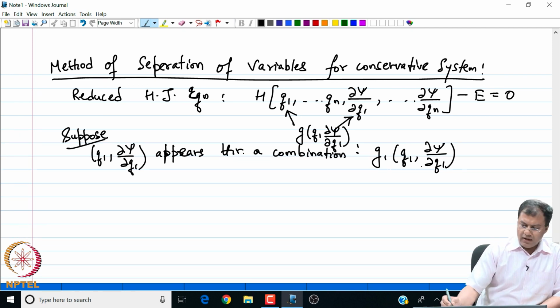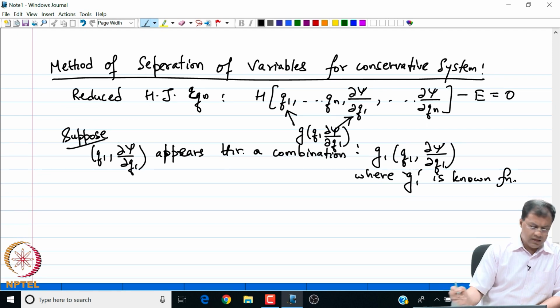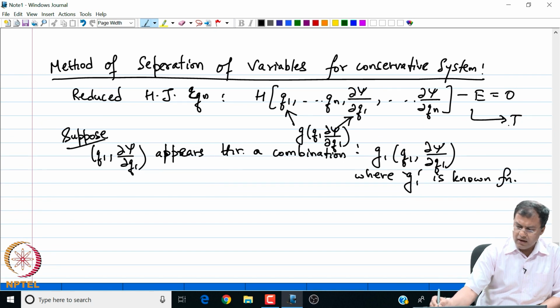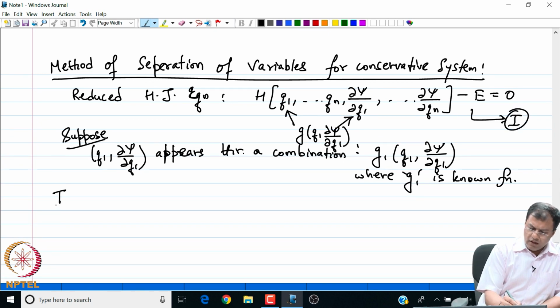So, where g1 is a known function. Now let me call this equation 1. So, 1 now is identical to the following form.